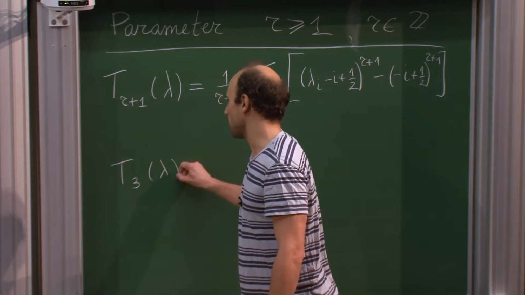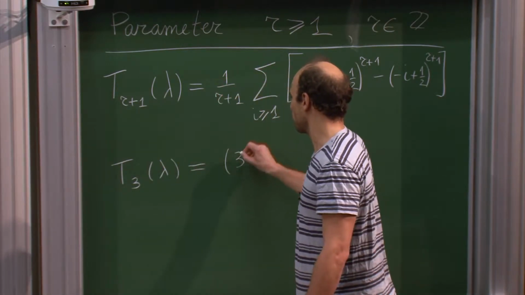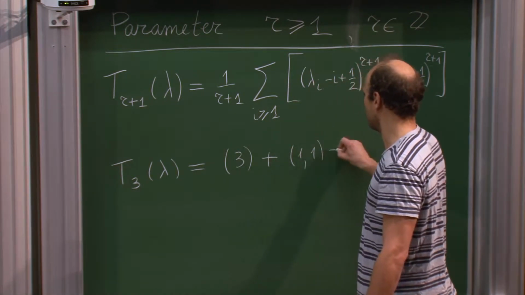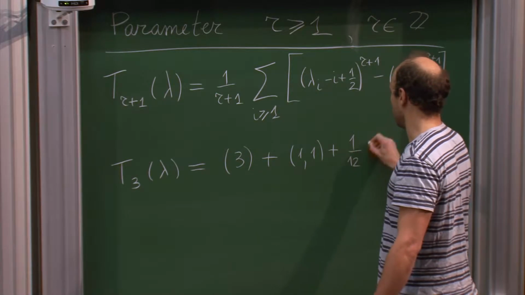T3 of lambda, for example, can be decomposed in the following way: 3 plus 1, 1 plus 1/12 times 1.